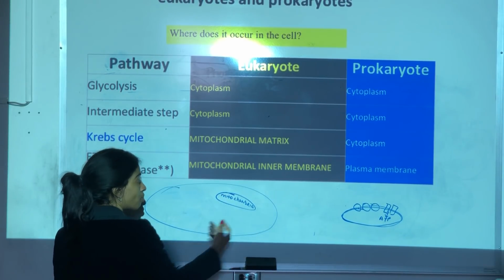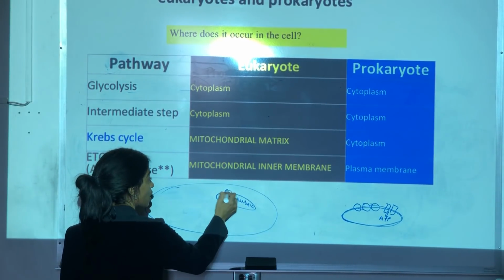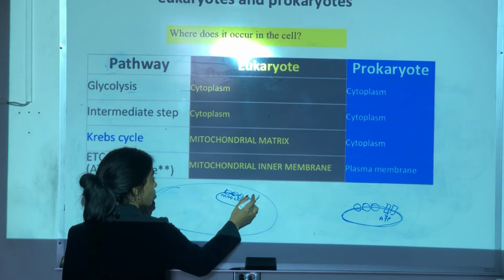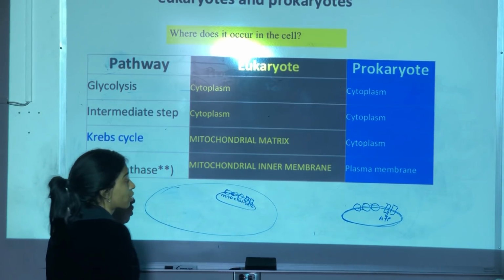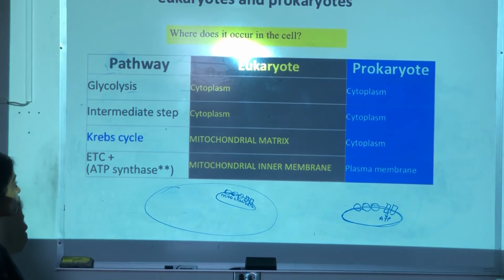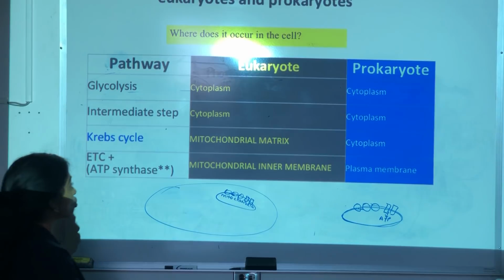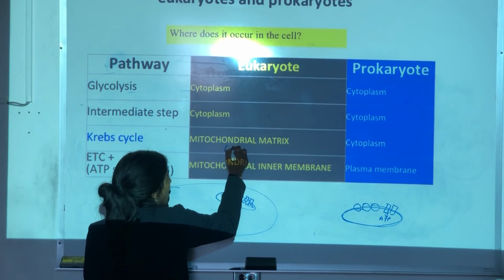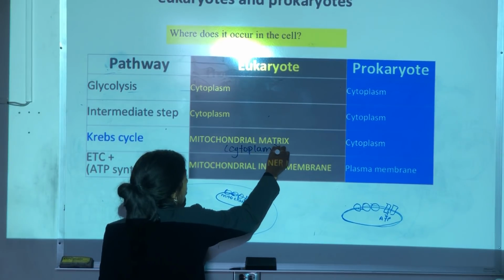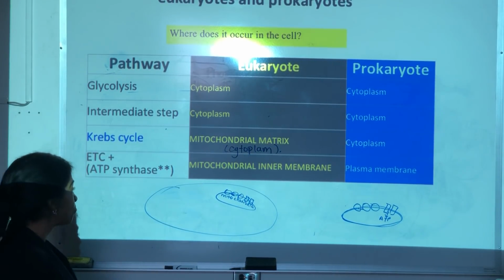Well, the mitochondria look similar to the bacterial cell, so they are going to be pretty much along here as well. The Krebs cycle happens in the mitochondrial matrix, which is kind of like the mitochondrial cytoplasm, the inside of the mitochondria.